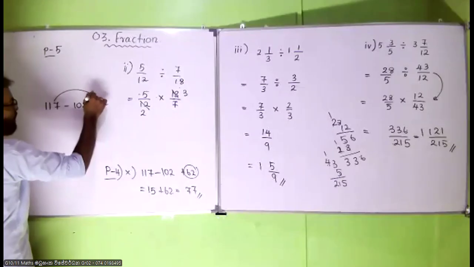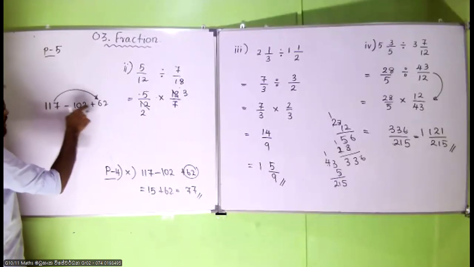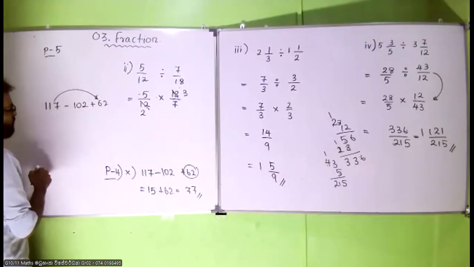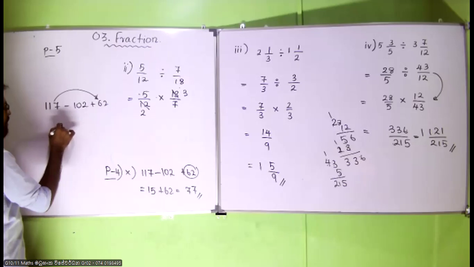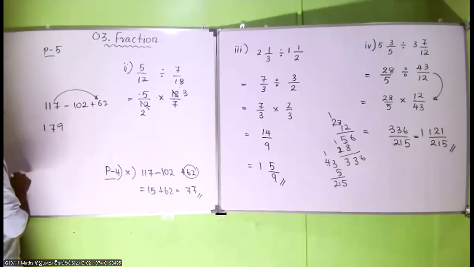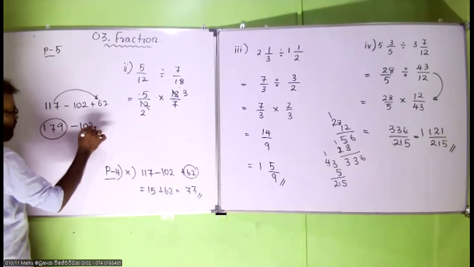I will do these two together. 117 plus 62. So what is the value? 7 plus 2, 9. 1 plus 6, 7. 179. Then from this 179, I am going to subtract 102.